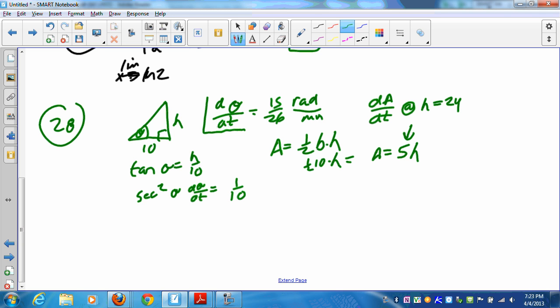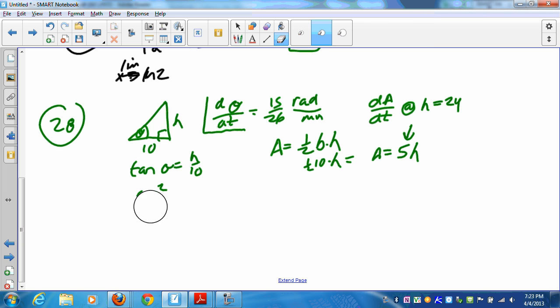Well, maybe we didn't need to take the derivative of this. Let's just rearrange that. Let's see what h is equal to in terms of theta. So if we cross multiply, h is equal to 10 tangent of theta. Okay, well this is more what we're looking at here.